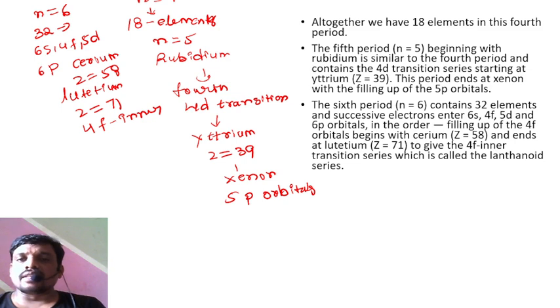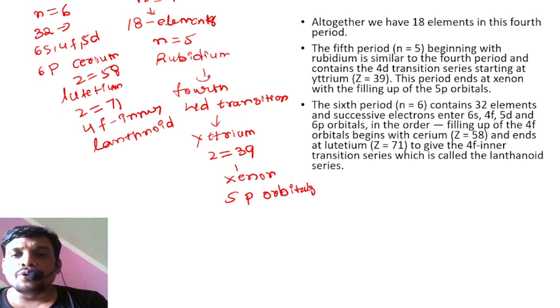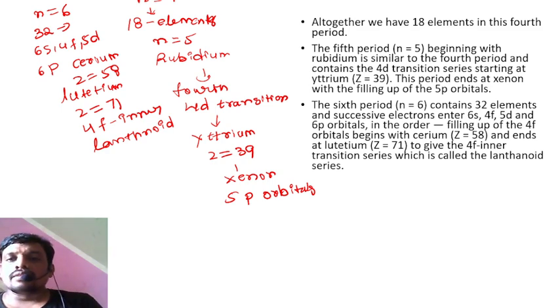Here onwards, inner transition series. Inner means within the transition series, which is called the lanthanoid series. About lanthanoid elements and their characters we are going to see, and we have seen so far how the lanthanoid series is formed.